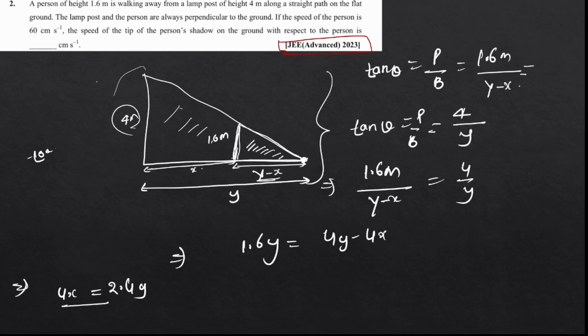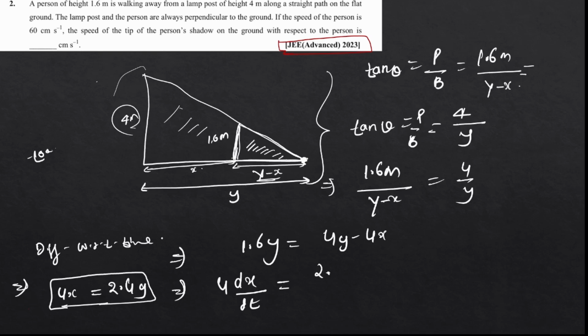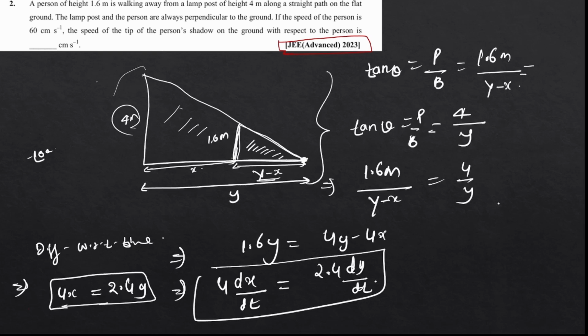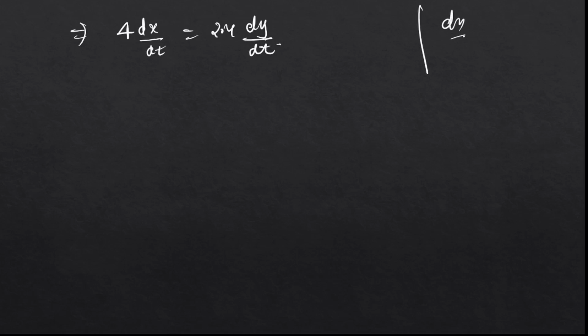So now let us take its derivative with time, that will give us the velocity, right? I'm just taking its derivative, differentiating it with respect to time. Now we know dx upon dt is a velocity, and dy upon dt is also a velocity, right?